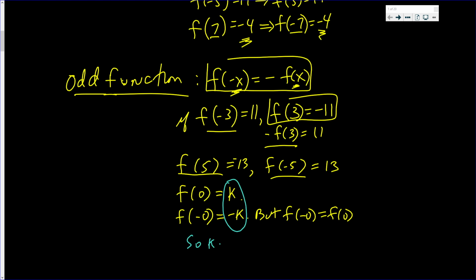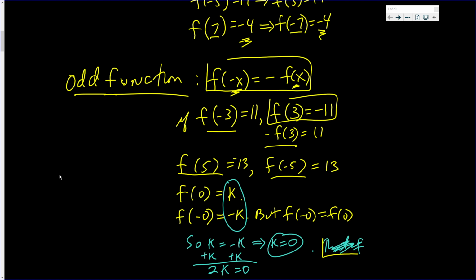So, k must equal negative k. Well, there's only one number that equals its negative, and that's if k is 0. I mean, you can add k to both sides if you prefer, and then you get 2 times some number is 0. That number is 0. That is, if you're an odd function, f of 0 must be 0.